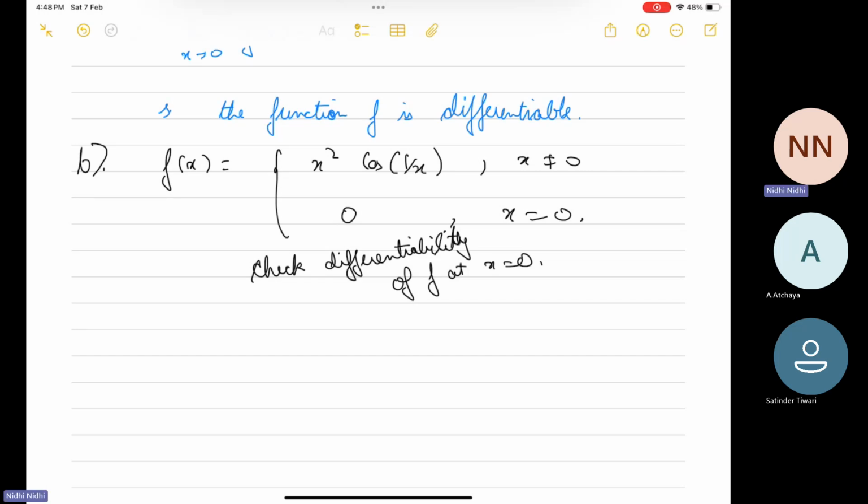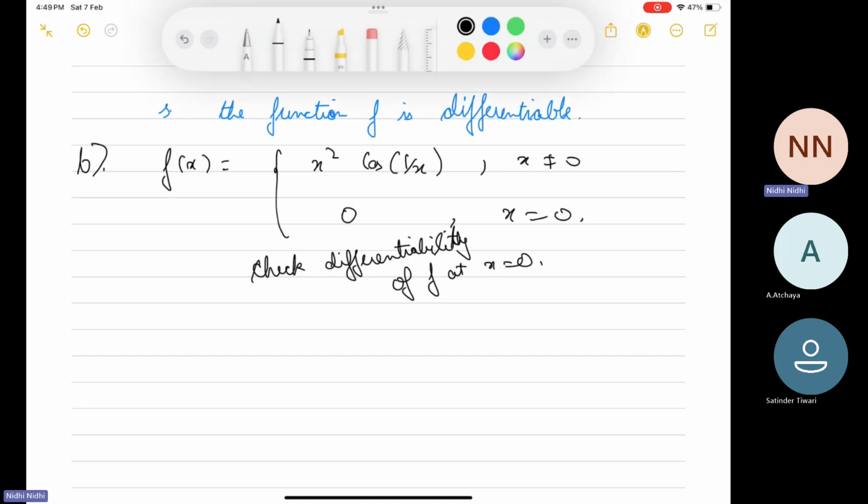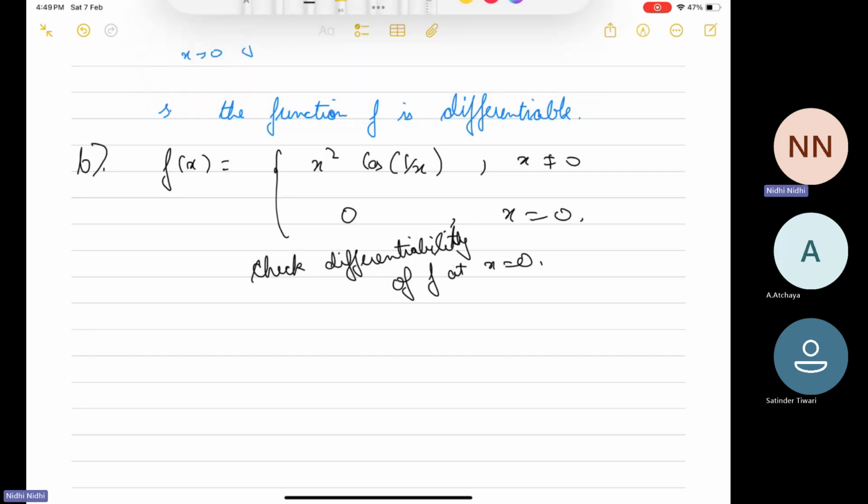Okay, this is not similar, no? Maybe I can explain this one.